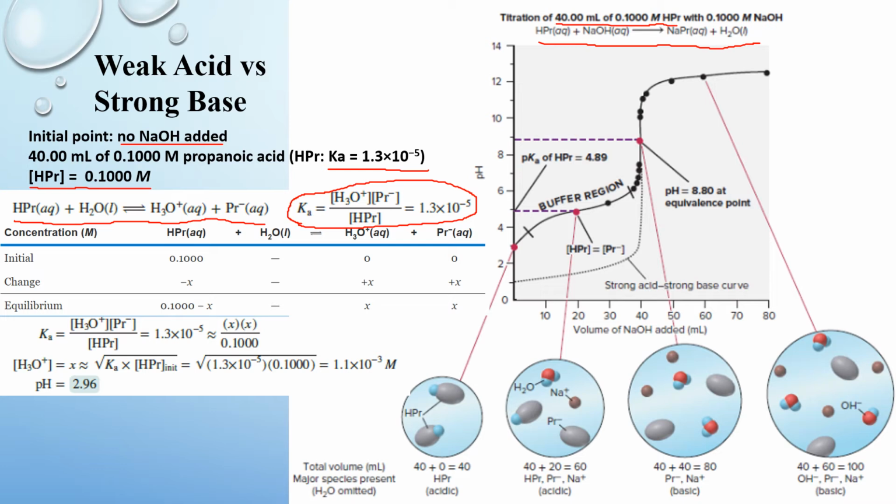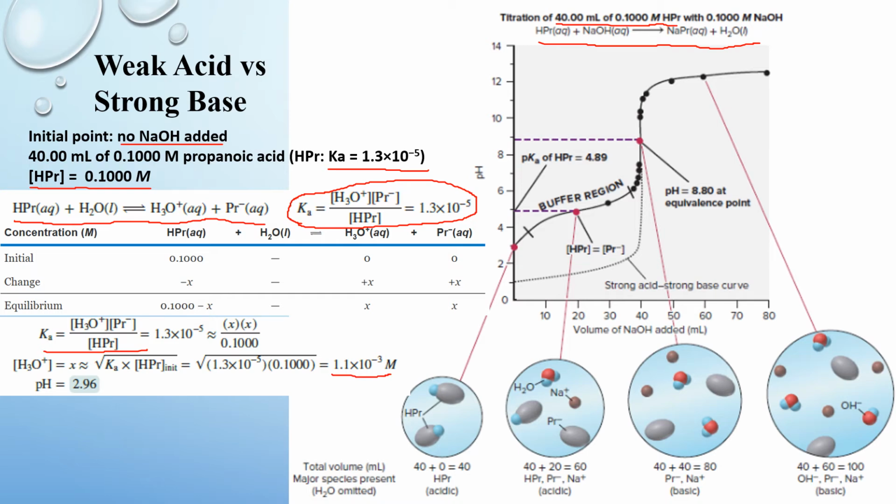We can then list the ICE table and make the assumption that X is going to be small because of the small Ka. Based on this Ka, we can calculate the X value. Notice that in the denominator, instead of using 0.1 minus X, we use 0.1 directly. That's our assumption. X is equal to 1.1 times 10 to the negative 3 molar.